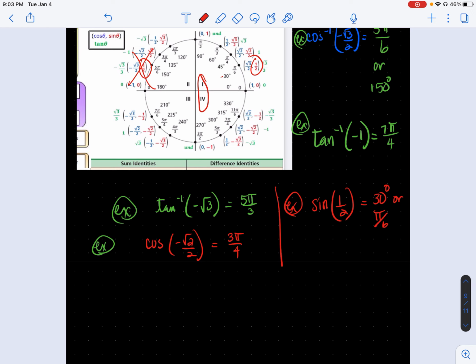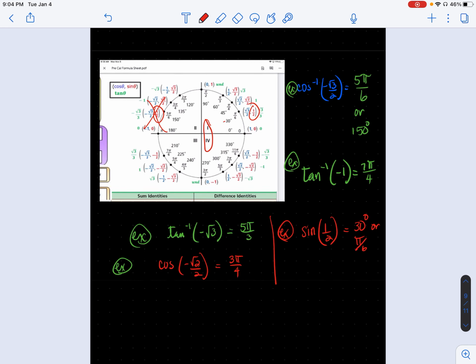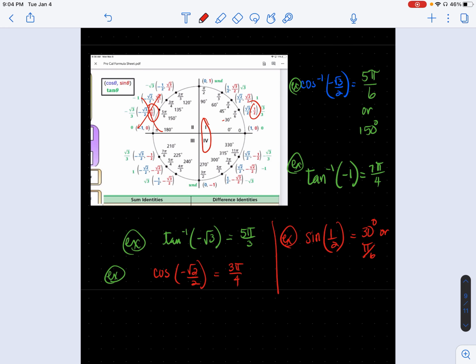Sometimes you will notice that in Math Excel, these probably won't be accepted as the right answer. So let me do some of these, the ones that are not acceptable. And how do I know that? So I'll tell you that here.